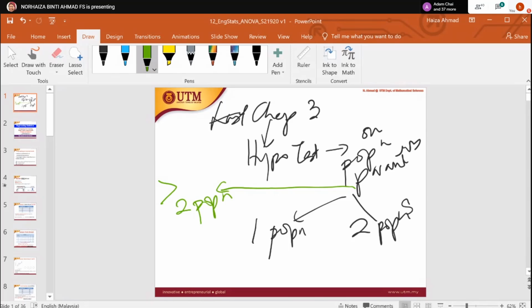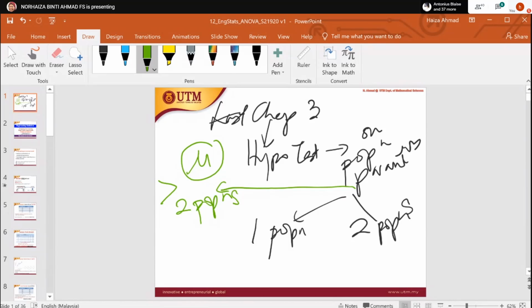Specifically on the mean, only for the mean. So still on population parameters, but we're going to look at how to test when you have more than two populations. All right.